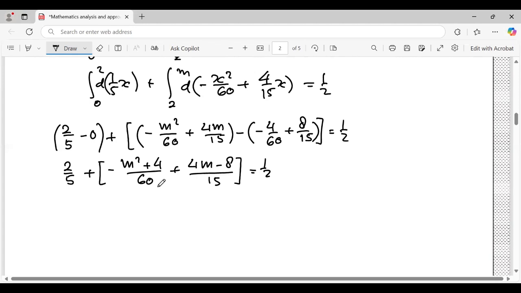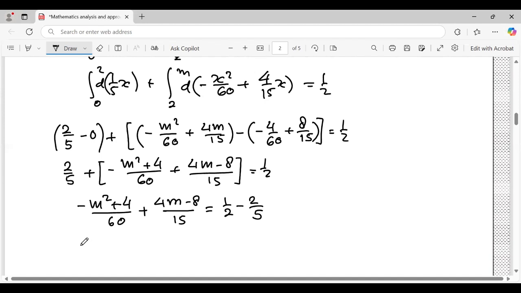So the left-hand side becomes minus m squared plus 4 over 60 plus 4m minus 8 over 15, and 1/2 minus 2/5 is... We need the same denominator, 60.